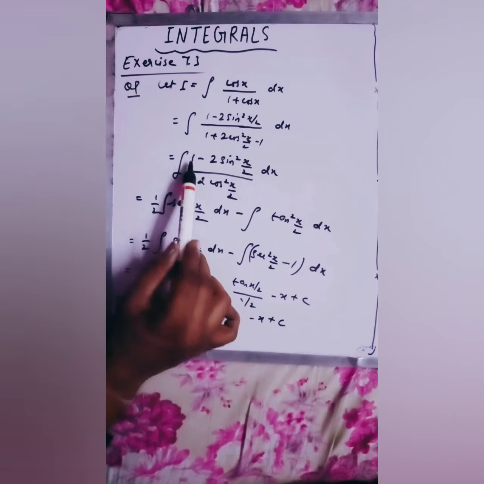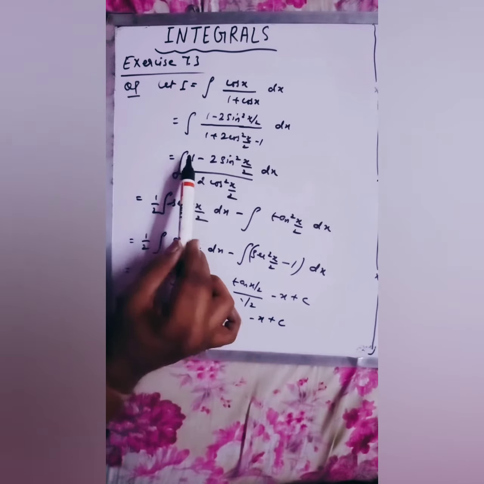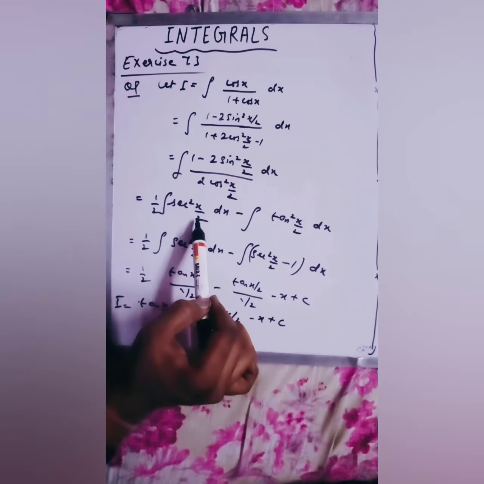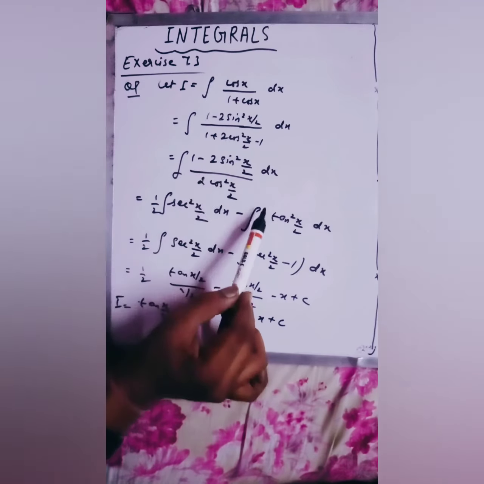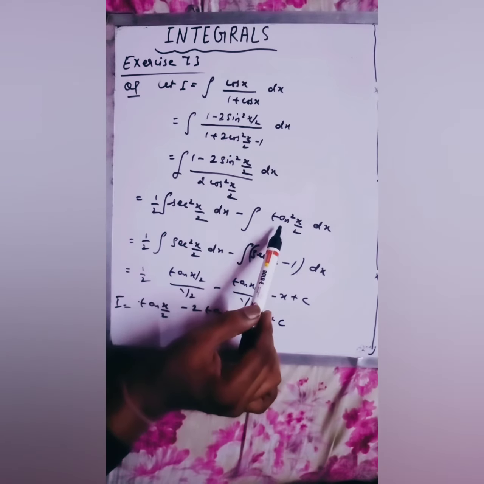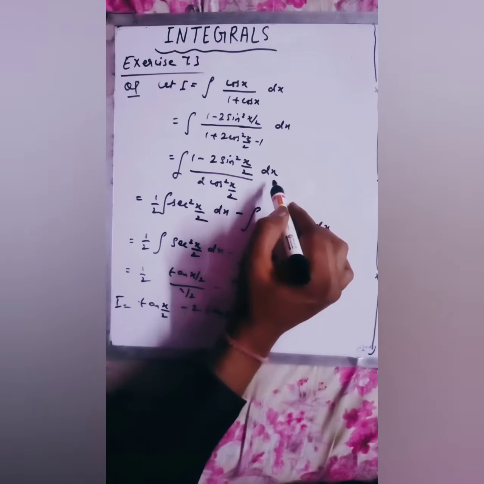The first term will be 1 by 2 cos square x by 2. That would be sec square x by 2, because 1 upon 2 cos square x by 2 can be written as half sec square x by 2, minus 2 sin square x by 2 over 2 cos square x by 2, which can be written as tan square x by 2. If you want, I will write it here, just wait.